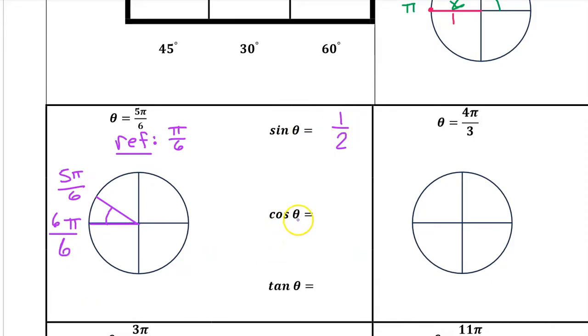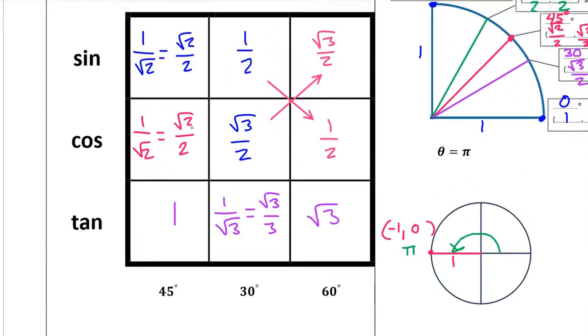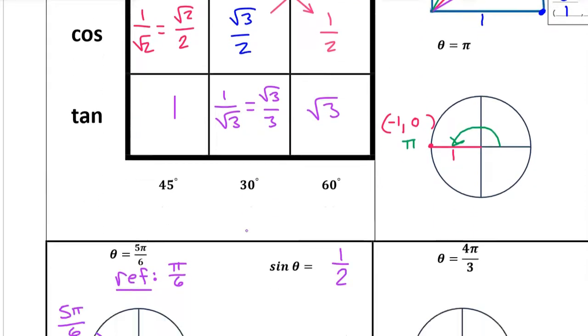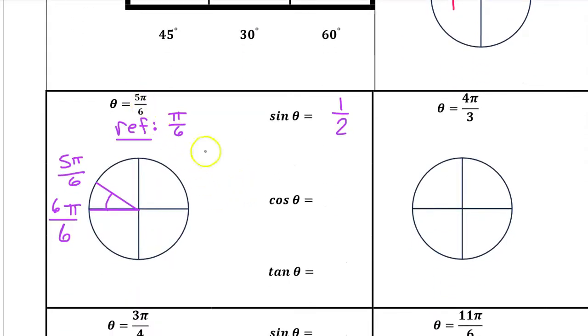To evaluate the cosine of 5 pi over 6, first ask yourself, what is the cosine of pi over 6? Let's see. The cosine of pi over 6 is radical 3 over 2. That means the cosine of 5 pi over 6 will also involve radical 3 over 2, only it might be negative.